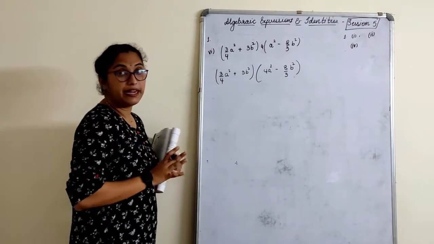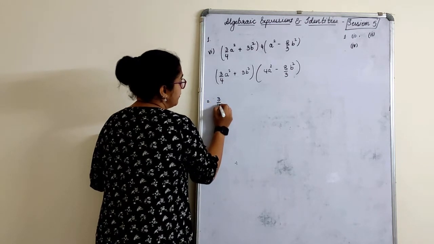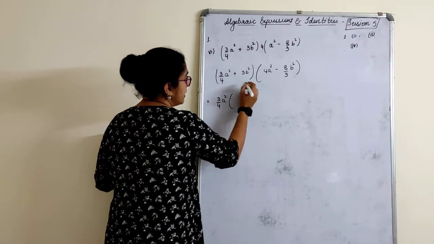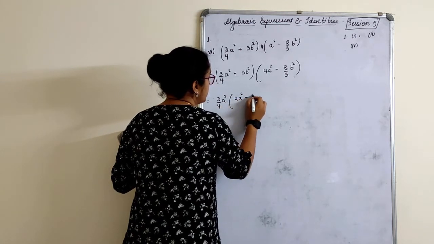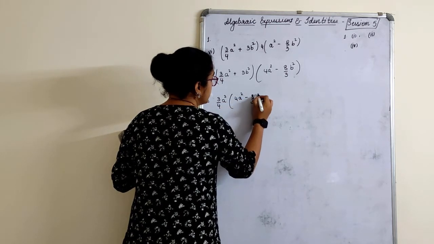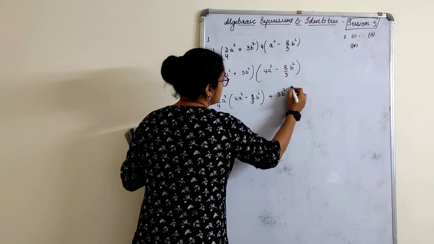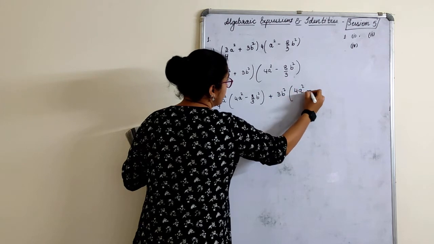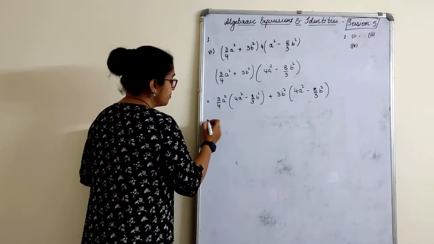Okay, we first multiplied with the bracket. Now 3 by 4 a square outside, multiply the first term with the whole, 4a square minus 8 by 3b square, plus whatever is the sign, 3b square of 4a square minus 8 by 3b square.